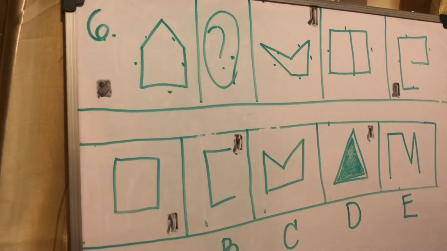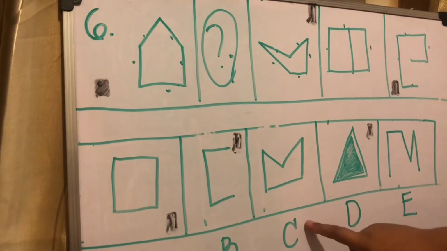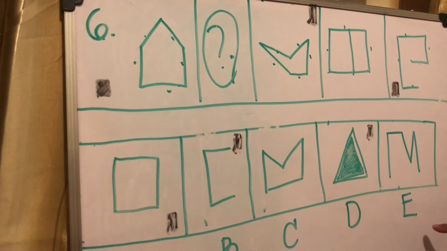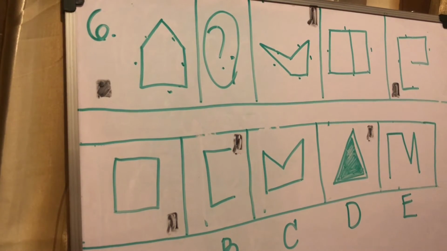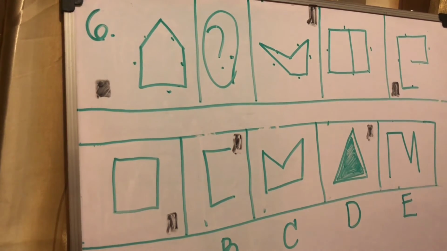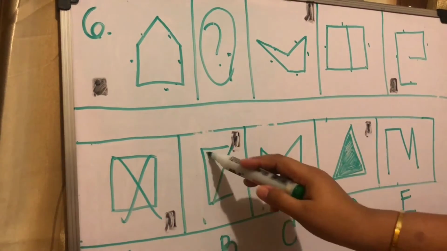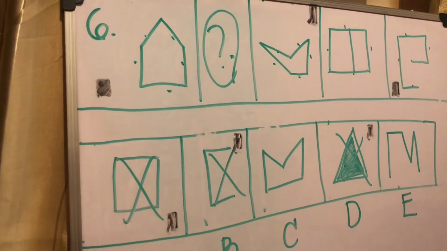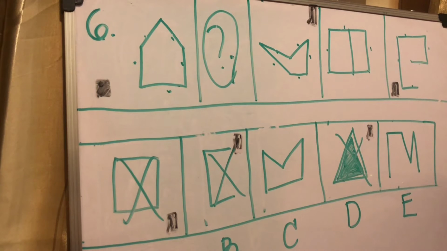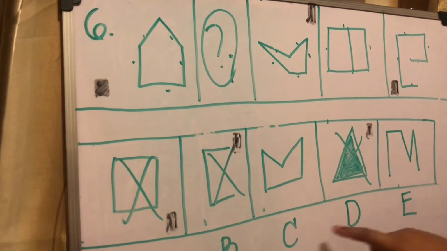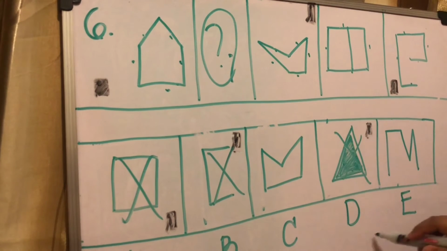If you look at the bottom, only C and E have 5 sides. So straight away, we can eliminate A, B, and D. From our answers, all of a sudden, we're down to our 2 options, C and E.